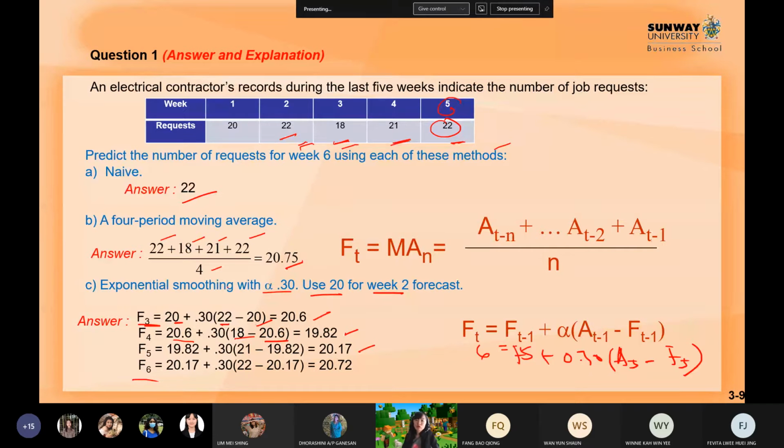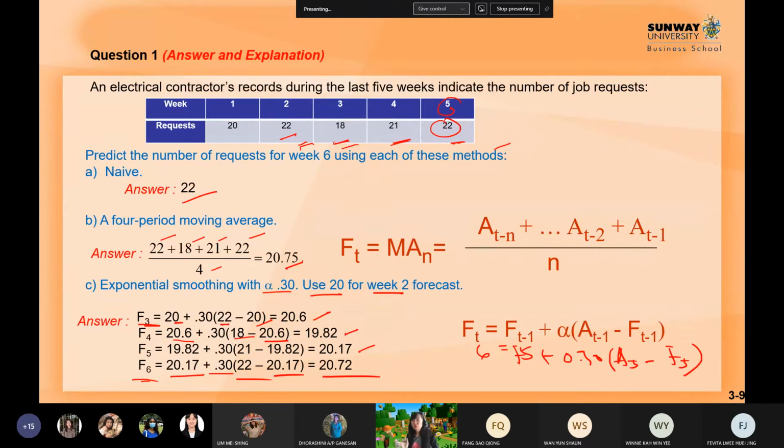Then only can you calculate and get forecast number 6. What do you get? You get 20.17 for forecast week 5, plus the indicator times week 5 actual minus week 5 forecast. So your forecast for week 6 is 20.72.